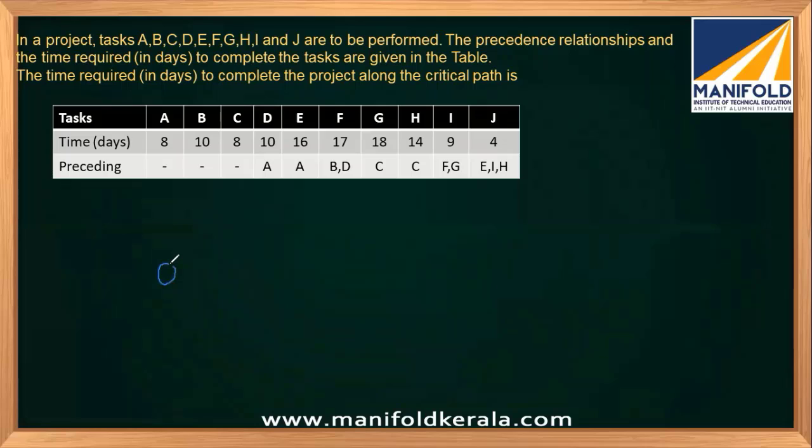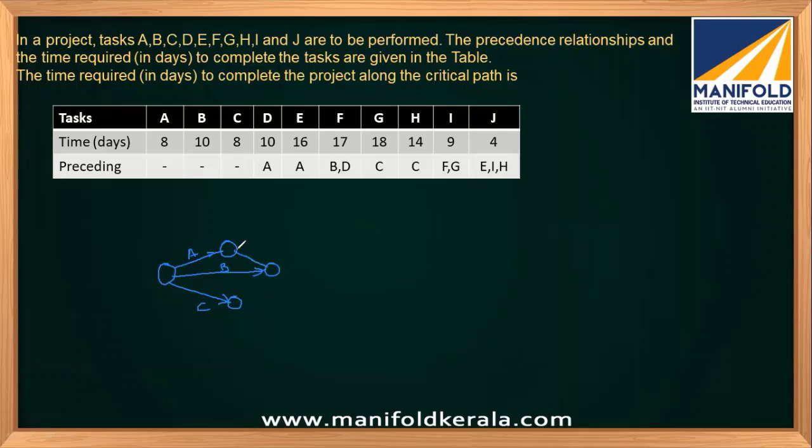We can start drawing A, B, and C. I put B long because B is merging with D and D is starting from A. So this is A, this is B, and this is C.